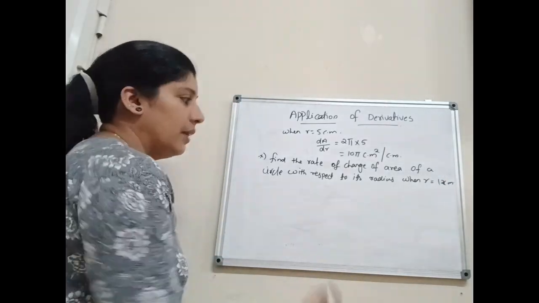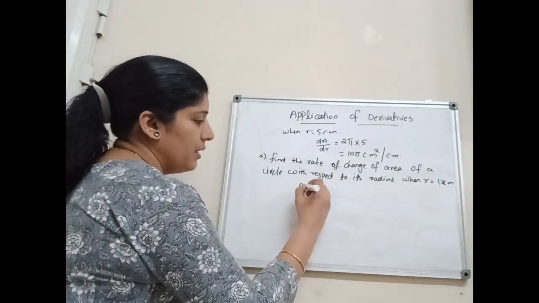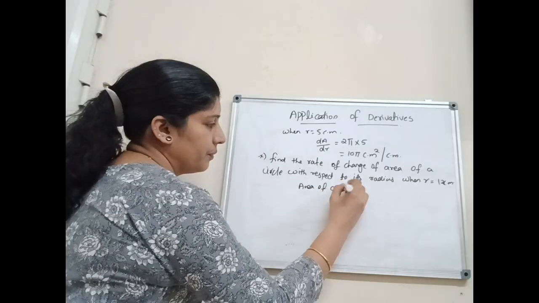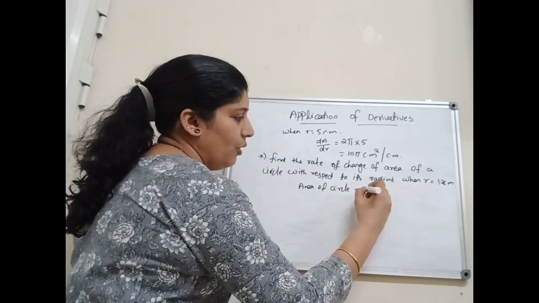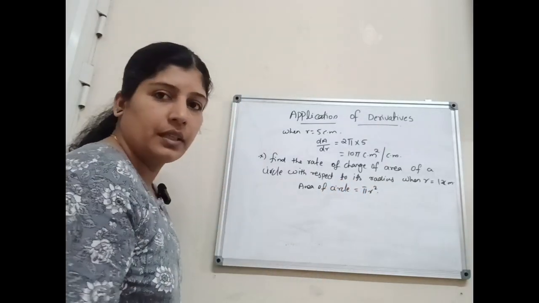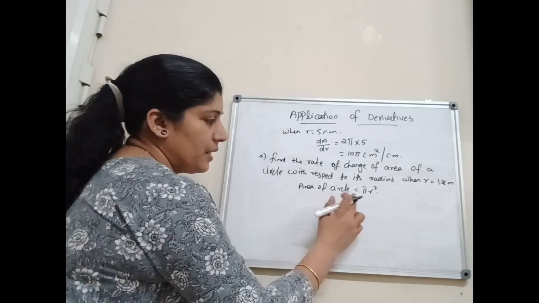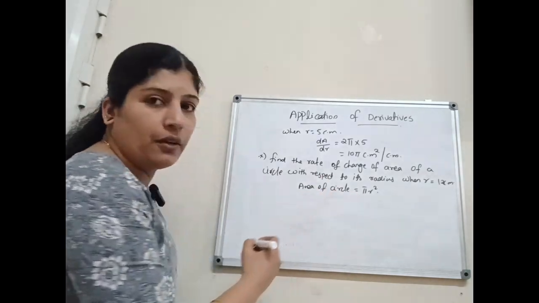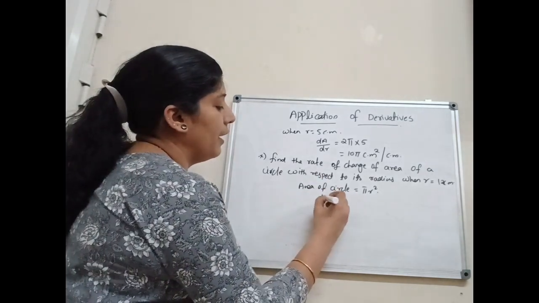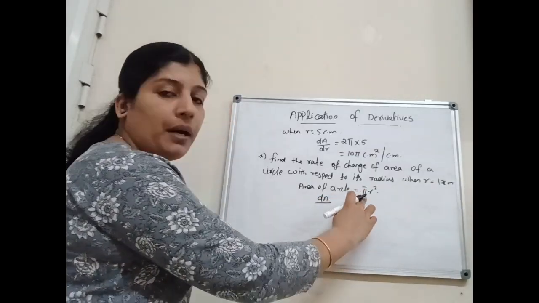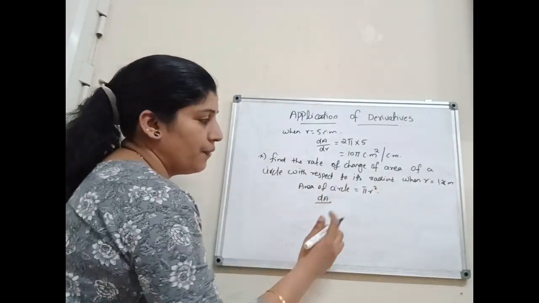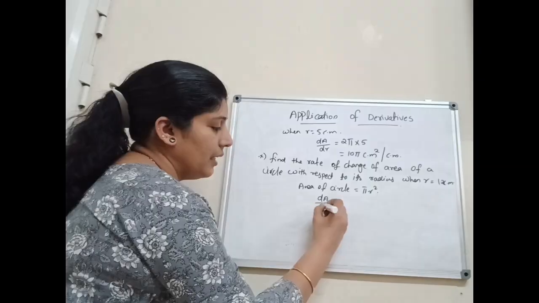How can we calculate? Here, first we have to find out the area of a circle. Area of circle is equal to pi r square. Next, we have to find out the rate of change of area, that is dA by dr, here area is defined by using radius. Therefore, find out the rate of change of area by using radius, that is dA by dr.